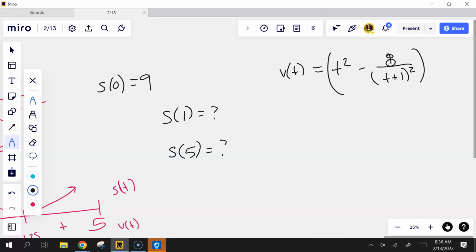So if I want to know position, I'm just going to do the integral of velocity. Agreed? Integrate. Tell me what you get.